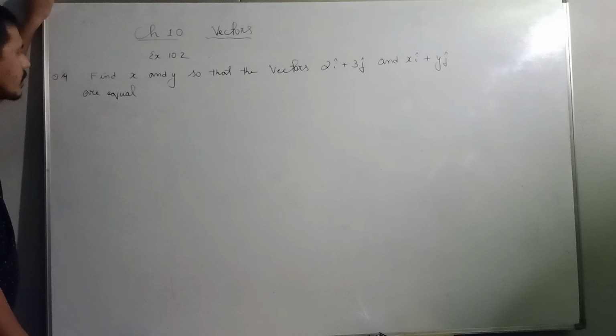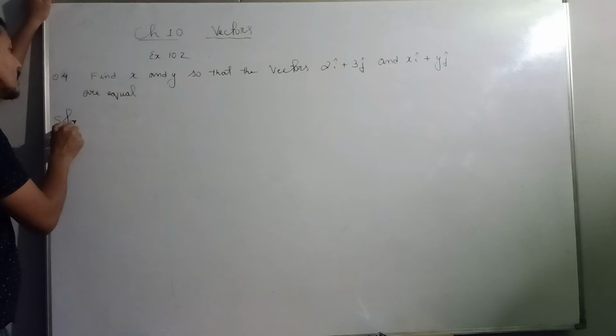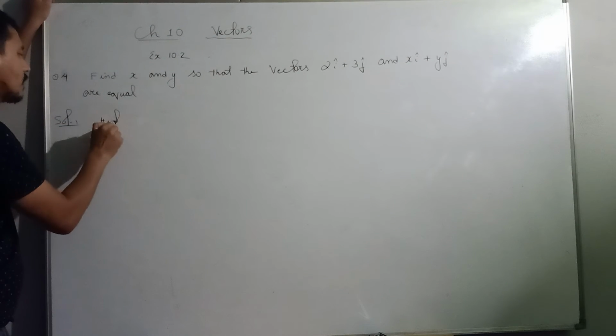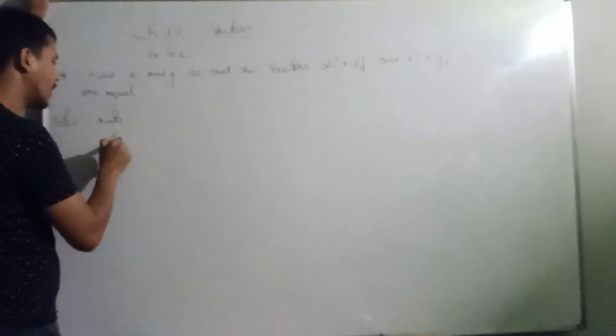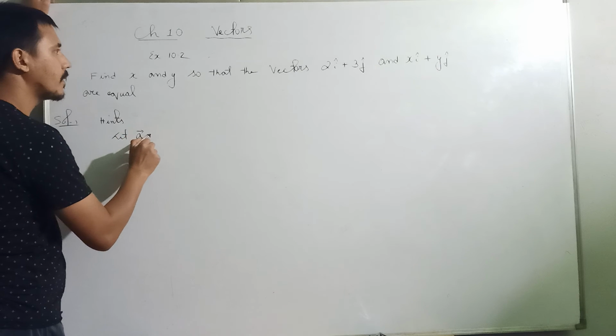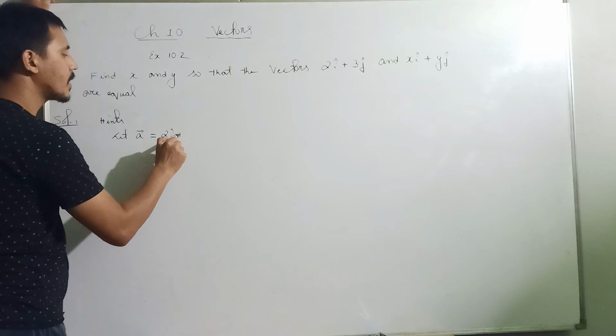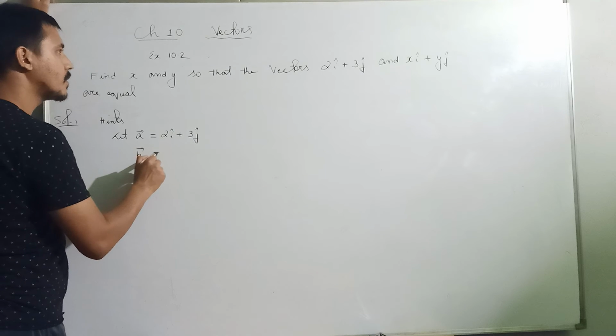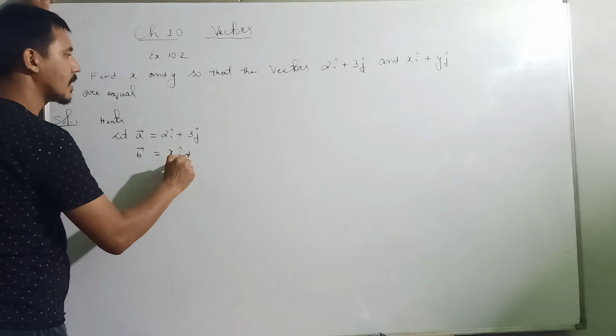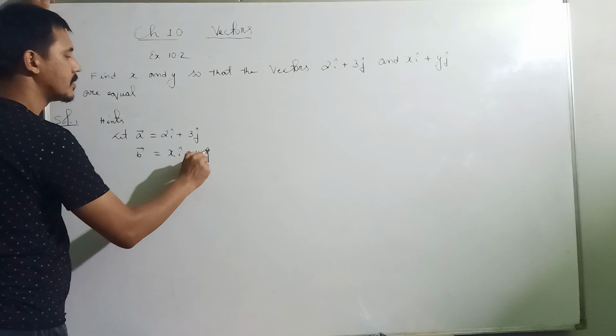Only hints, I will give you only hints. So it's given that, let your vector A be equal to 2i cap plus 3j cap, and your vector B be equal to xi cap plus yj cap.